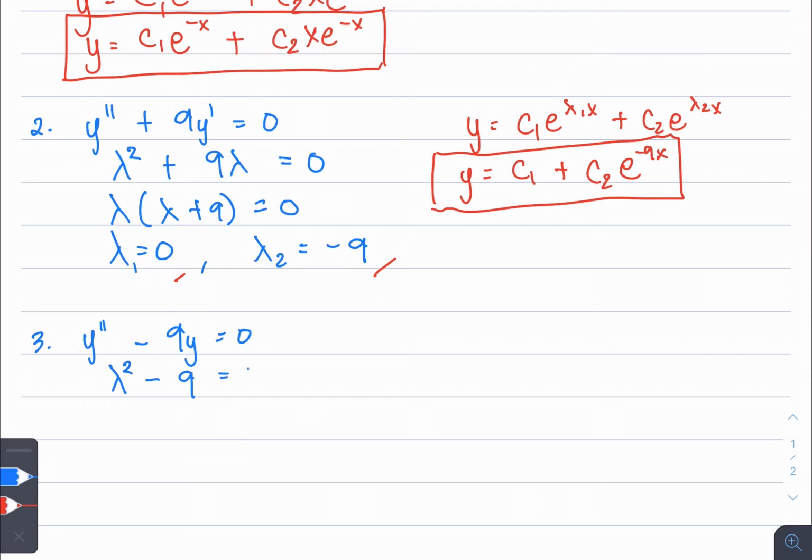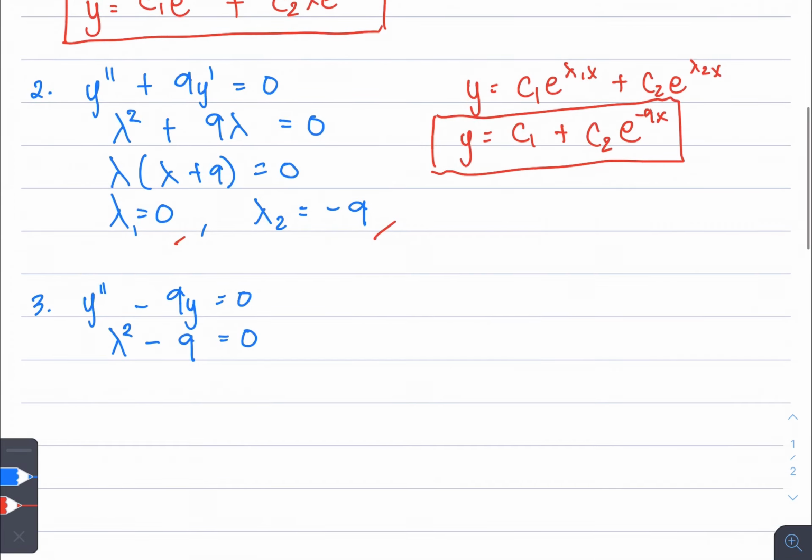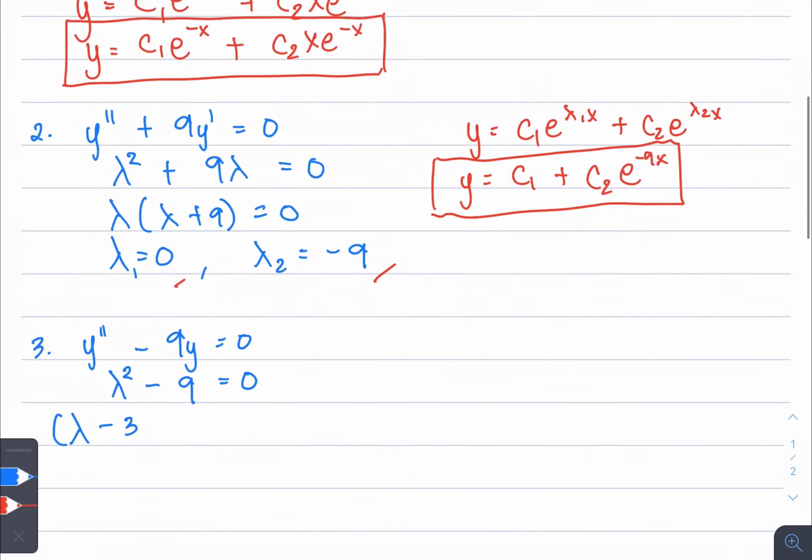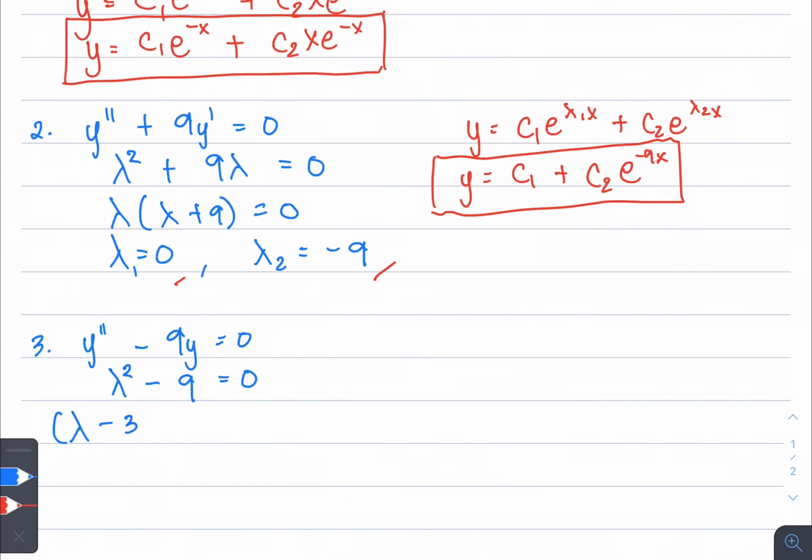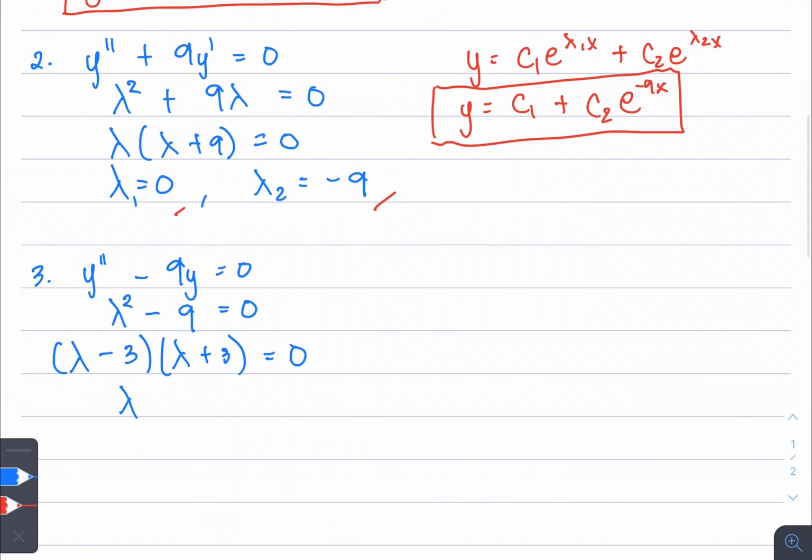So equals 0. Let's factor this. You will get lambda minus 3 tapos lambda plus 3 equals 0. So we will get the roots as plus minus 3.